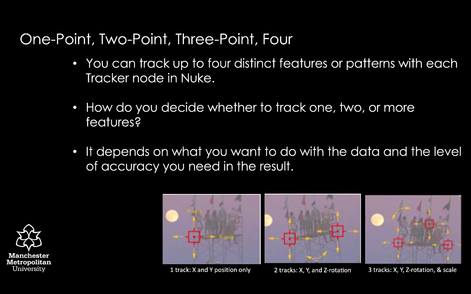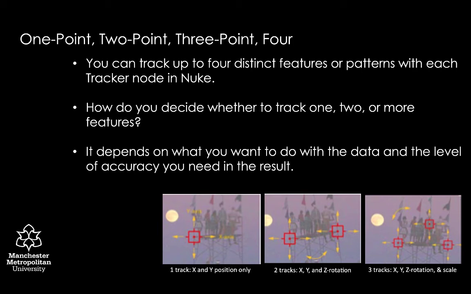There are 1 point, 2 point, 3 point, and 4 point trackers. So let's look at that. You can track up to 4 distinct features or patterns with each Tracker node in Nuke. So how do we decide whether to use 1 track, 2 tracks, or more features?